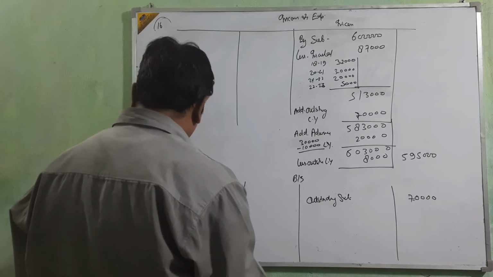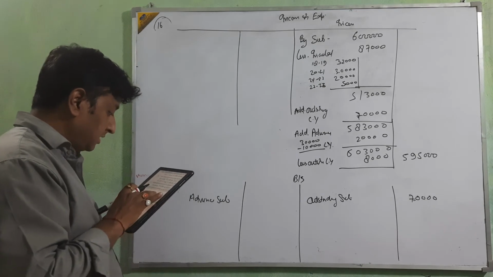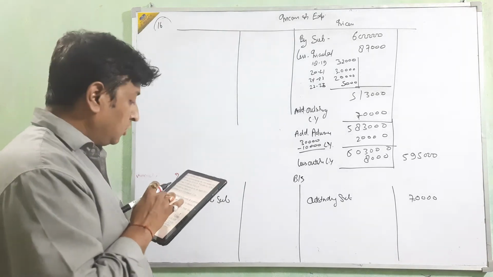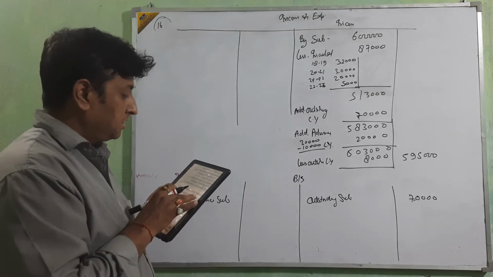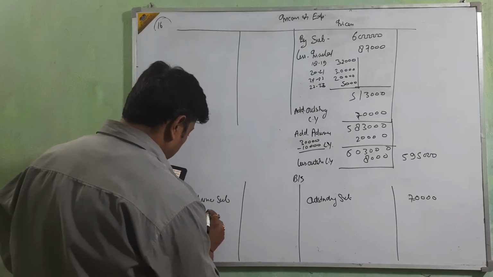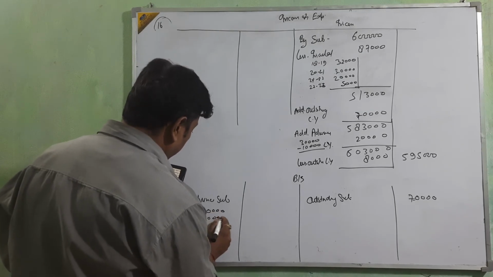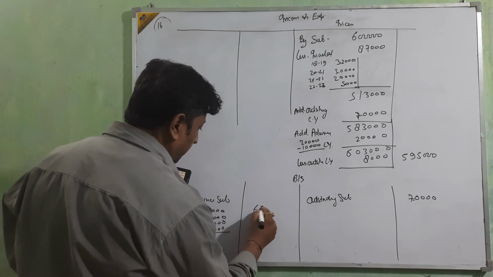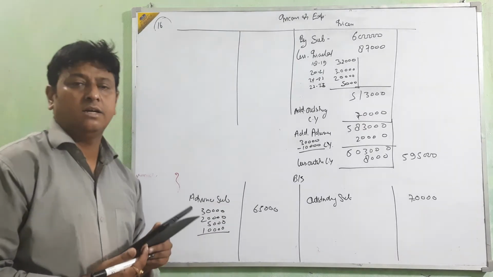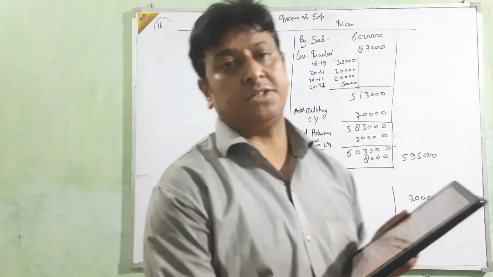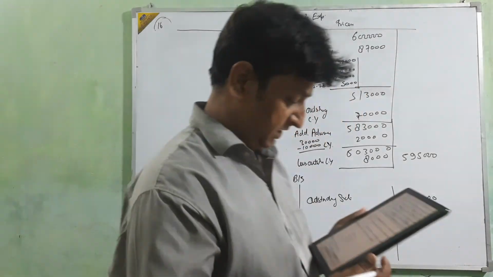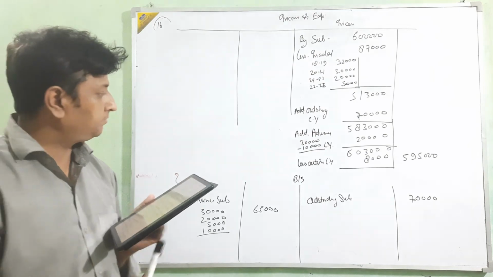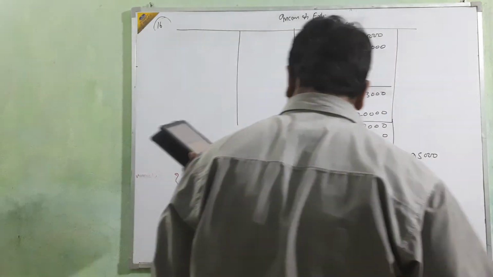Subscription received in advance for 2021 is 10,000 here only. The total is 30,000, 20,000, 5,000 and again 10,000. Total is 65,000. Okay, beta. This way we are going to show it in the balance sheet. Clear? It's clear or not? Clear, beta? Now I am going for one more question.